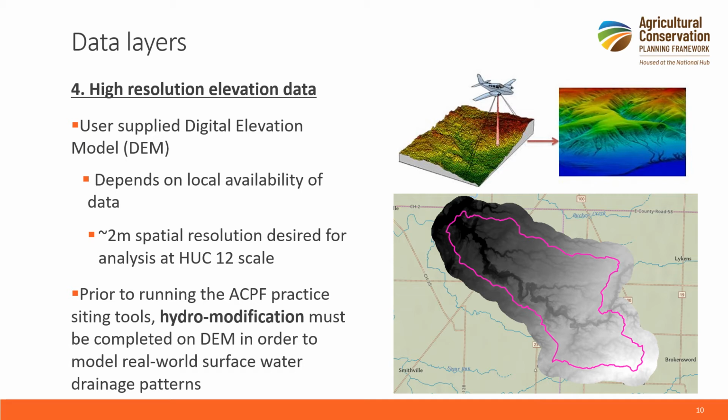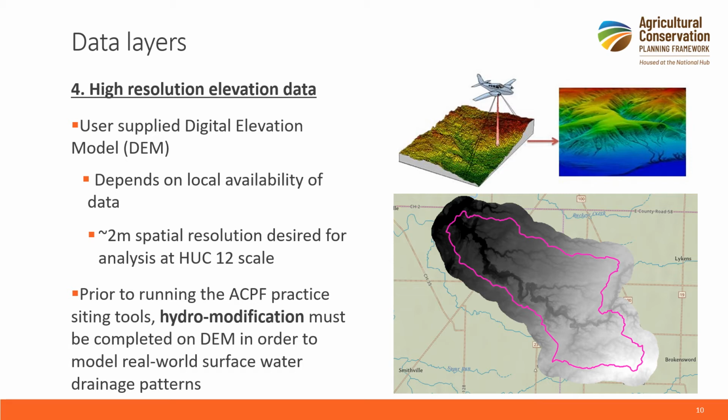Furthermore, where these data are available, there may be differences in when or how the data products were collected or produced. For this reason, it is the responsibility of the ACPF technician to locate a suitable elevation product to be used within the ACPF. A DEM with a spatial resolution of around 2 meters per pixel is suggested for use within the ACPF tools. The raw DEMs often require several pre-processing steps in order to get the layer into an appropriate form to be used within the ACPF software.